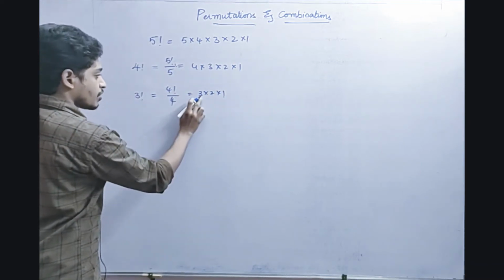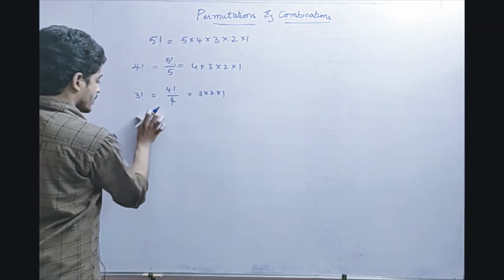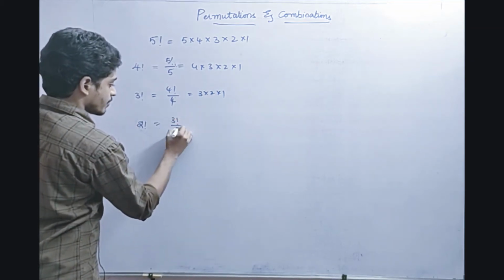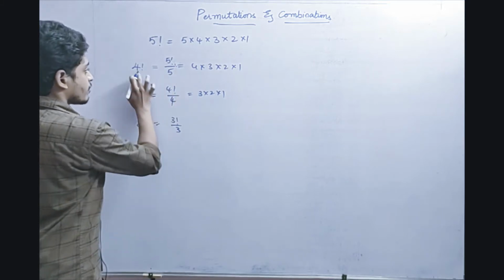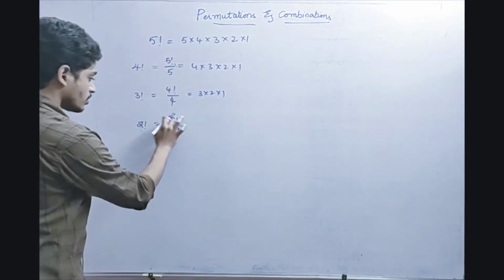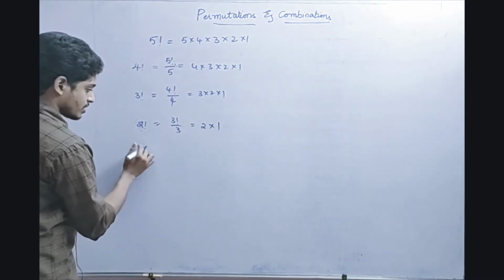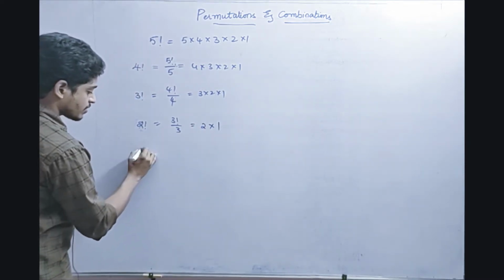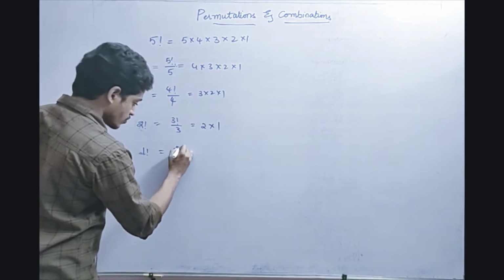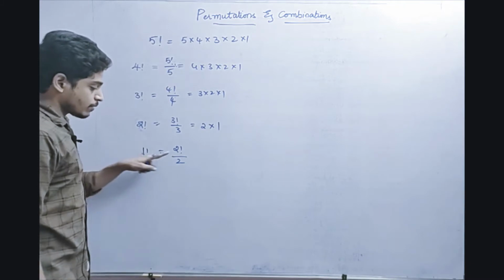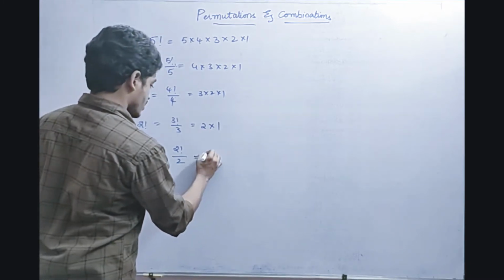Now 3 factorial by 3 is 2 factorial, which is 2 into 1. Next, 1 factorial is 2 factorial by 2, which is 1.